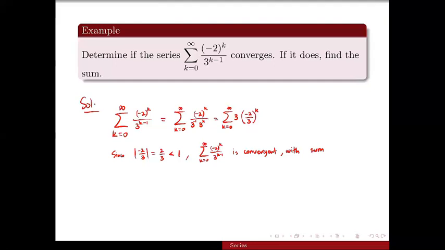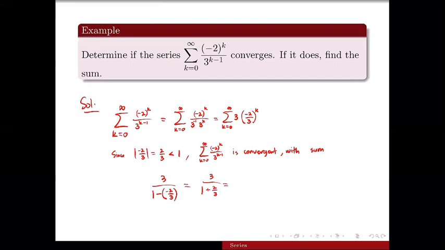you have 3 over 1 minus negative 2 over 3. So this is equal to 3 over 1 plus 2 over 3.